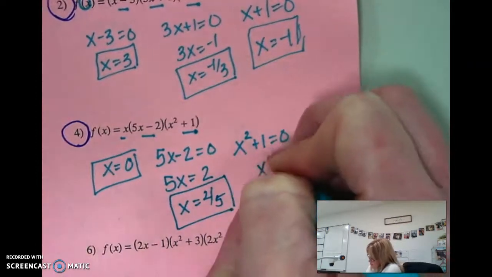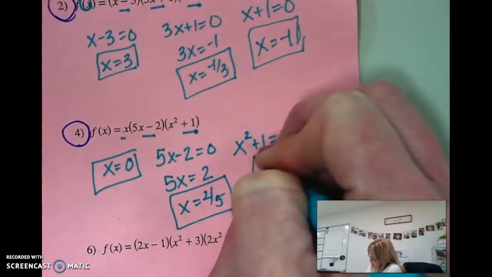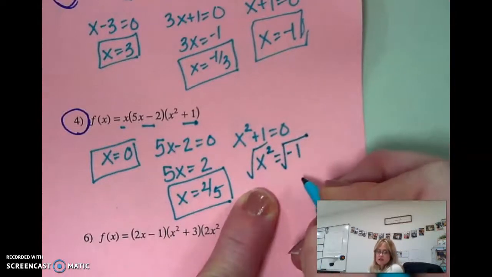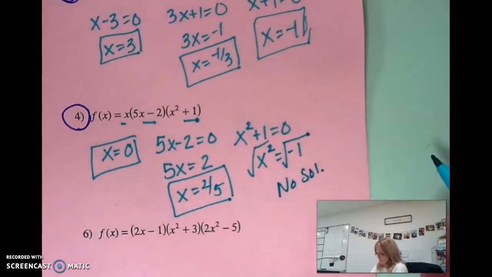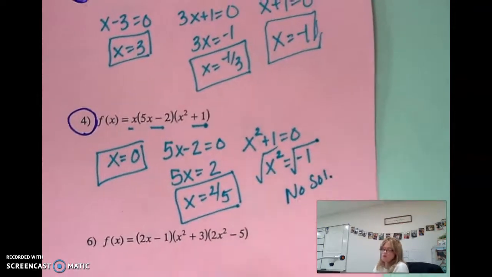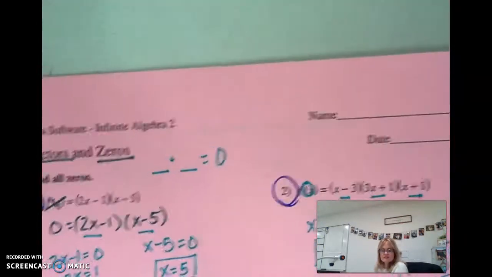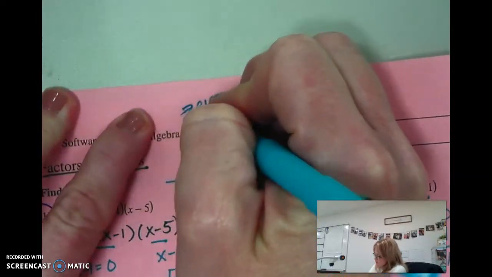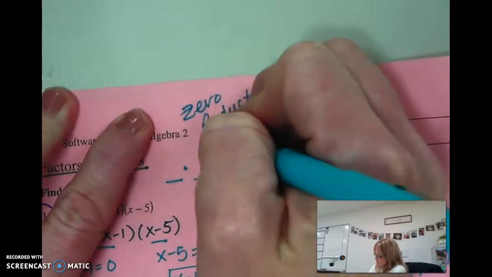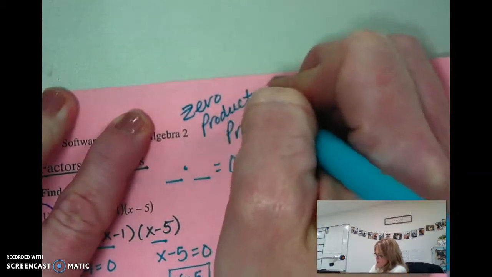If I subtract 1 and try to take the square root of a negative, you get an error. So this one has no solution to it. So those are just some different ways to work with finding the zeros using the zero product property. And product just means multiplication. Okay?